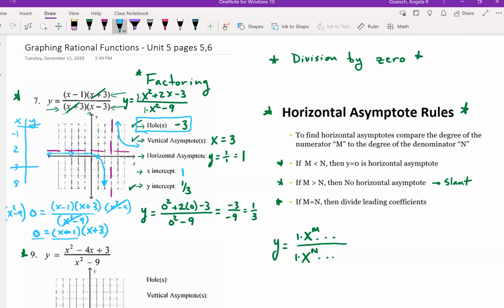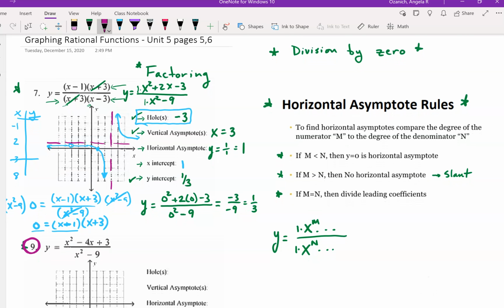Okay, so what I'd like you to do is try this next one on your own. This is number 9, I believe, still on page 5 in your workbook. I want you to open page 5 in your workbook and try number 9 on your own.